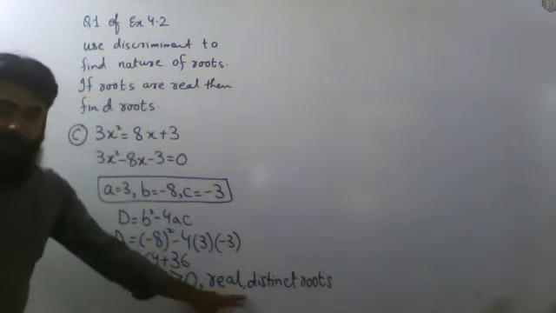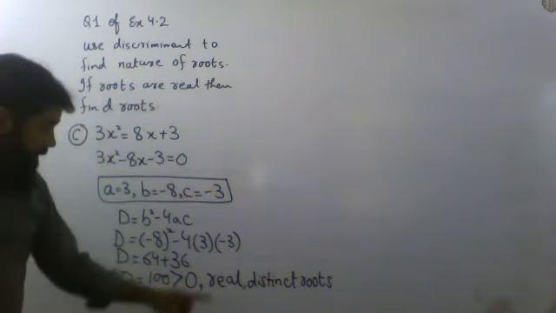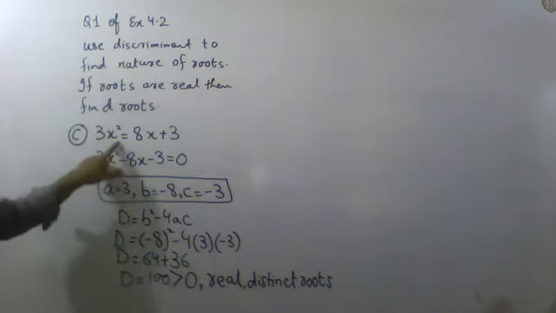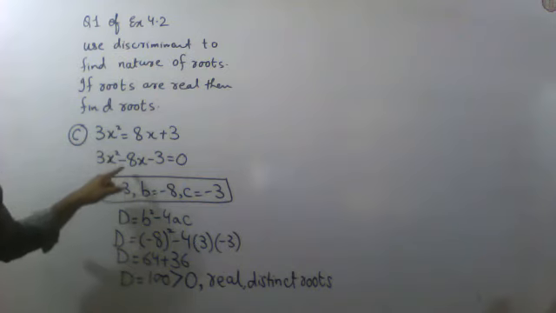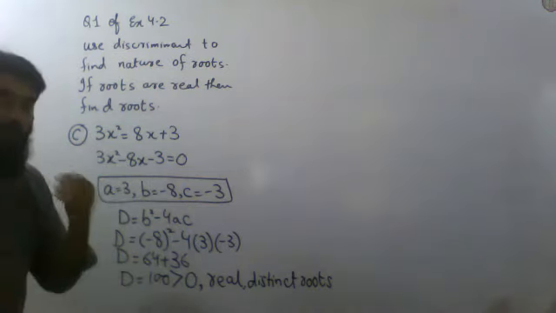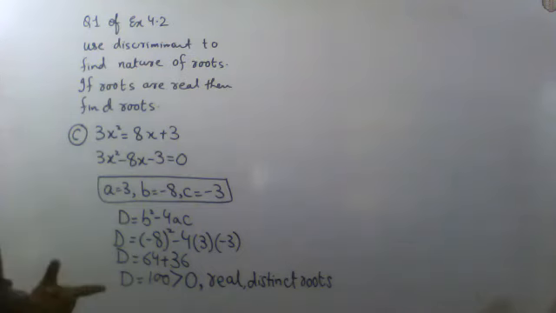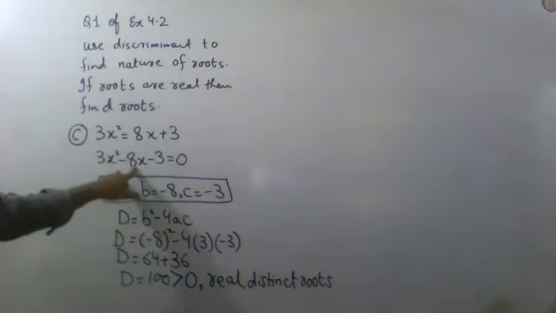My working till this point is saying that roots are real for this equation. So now I have to find roots. Finding roots means finding the value of the variable in the given equation.